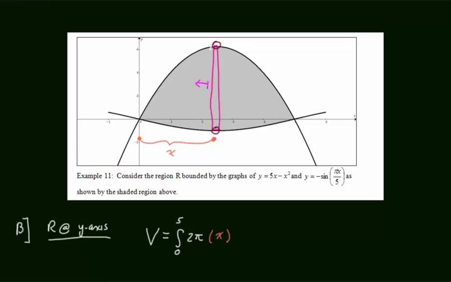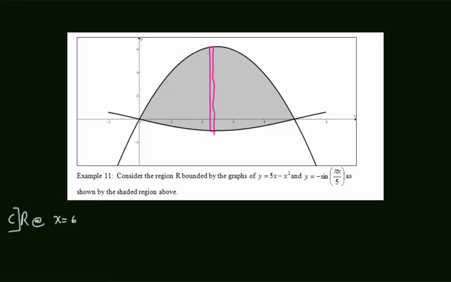So that's going to be the difference of the two functions to give us the height of the rectangle. So it's going to be the parabola minus the sine function, but minus the minus becomes plus. Okay, the brackets represent the height of the rectangle, and then the thickness dx.